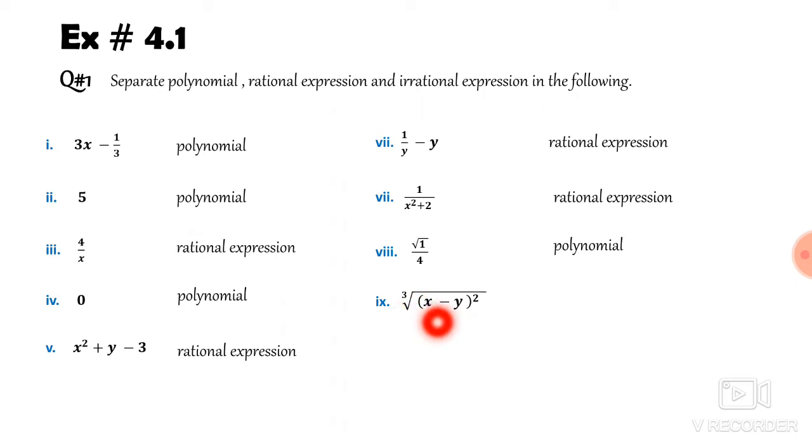Cube root of (x minus y) whole square. This is an irrational expression because if we apply the whole square formula here, it will be x square minus 2xy plus y square, and then we have a rational exponent over it. So this is an irrational expression.